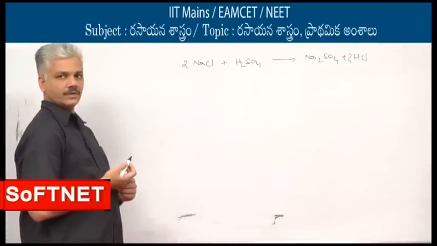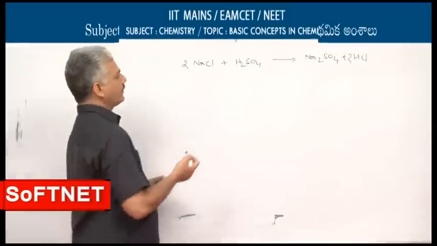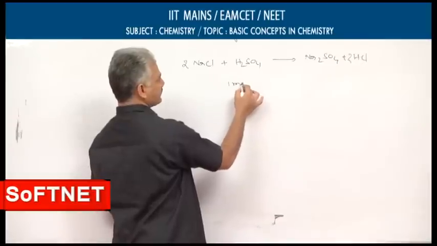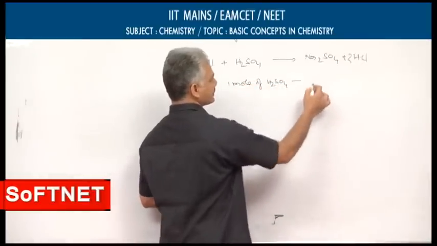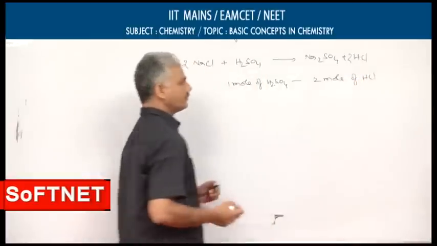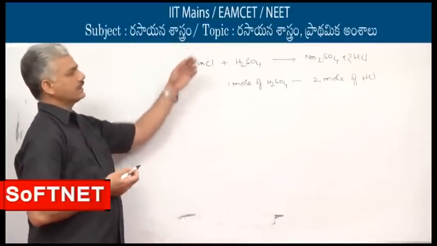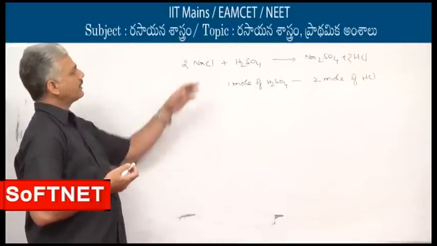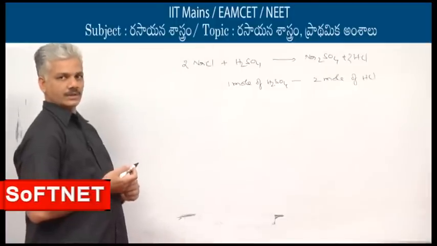Now, pick up the molar relation required. From the balanced equation, 1 mole of sulfuric acid can produce 2 moles of HCl, that is the molar relation. Now, convert this molar relation to solve the problem. The data required is in the terms of kilograms.